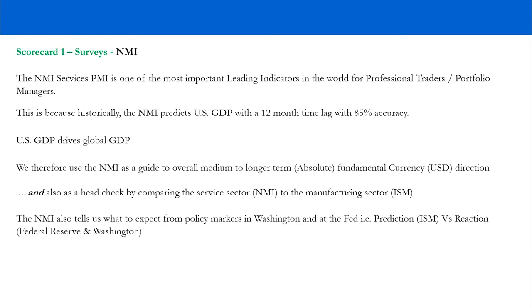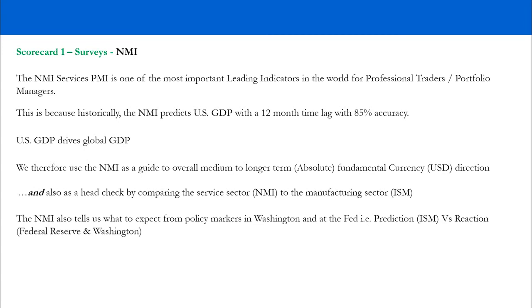And US GDP overall drives global GDP growth. So we're using the NMI as an overall guide to a longer term or absolute fundamental currency direction. But we also use it as a head check by comparing the service sector to the manufacturing sector. So we're looking at both of them really in tandem. Again, the NMI also tells us what to expect from policymakers in Washington and at the Fed.